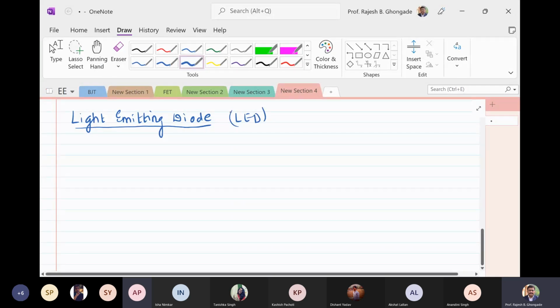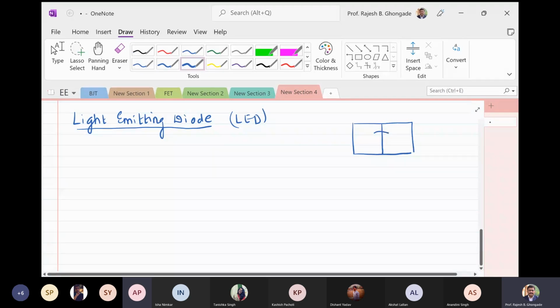So one thing we know, this is made up of semiconductor material. So there is a PN junction in this case, and we do have charge carrier recombination. So whenever we talk about the PN junction, there is going to be some kind of recombination, isn't it?